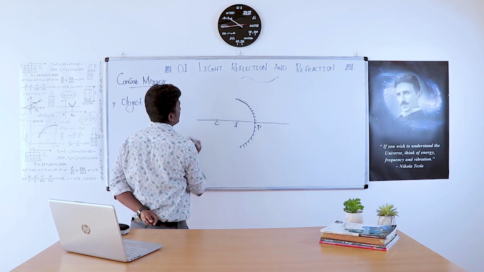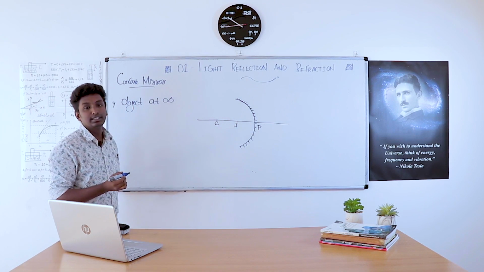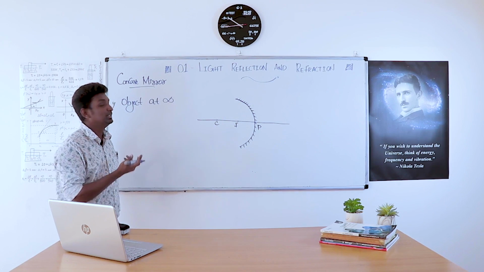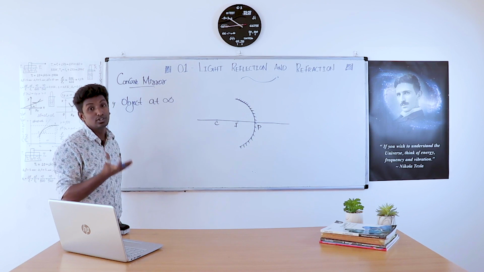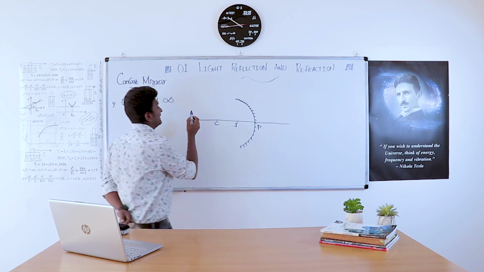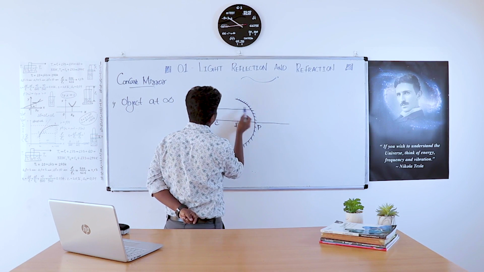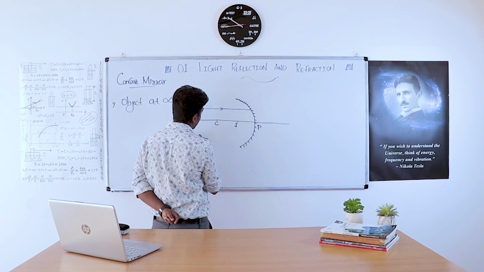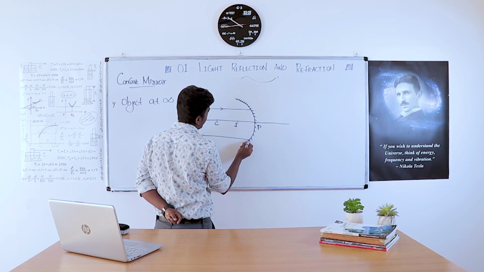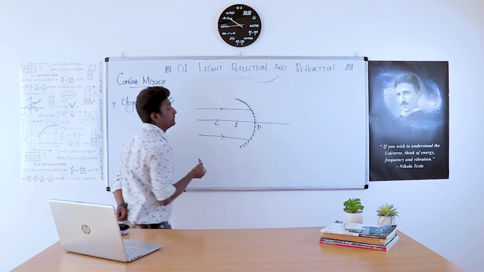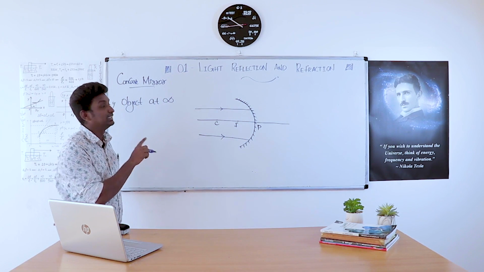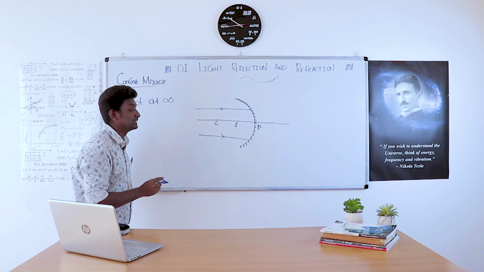Where is the object? Object is at infinity, so we cannot draw the object. Only the rays coming from the object can be drawn like this, which are parallel to the principal axis.